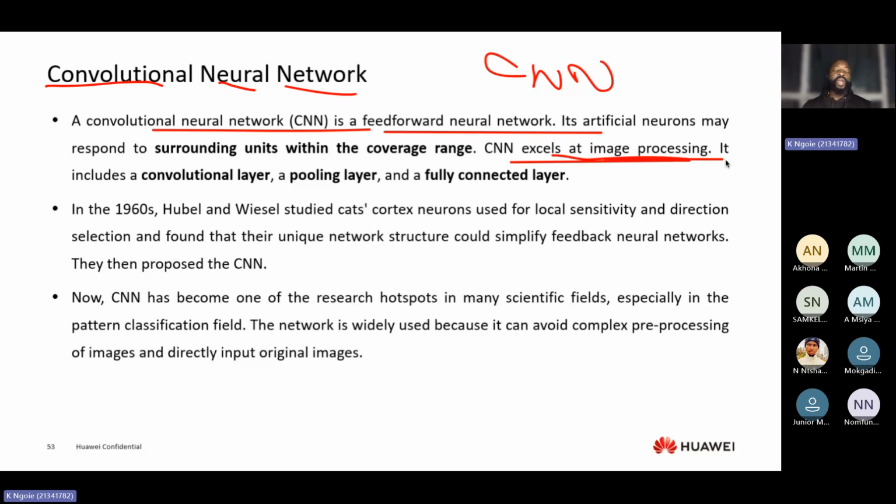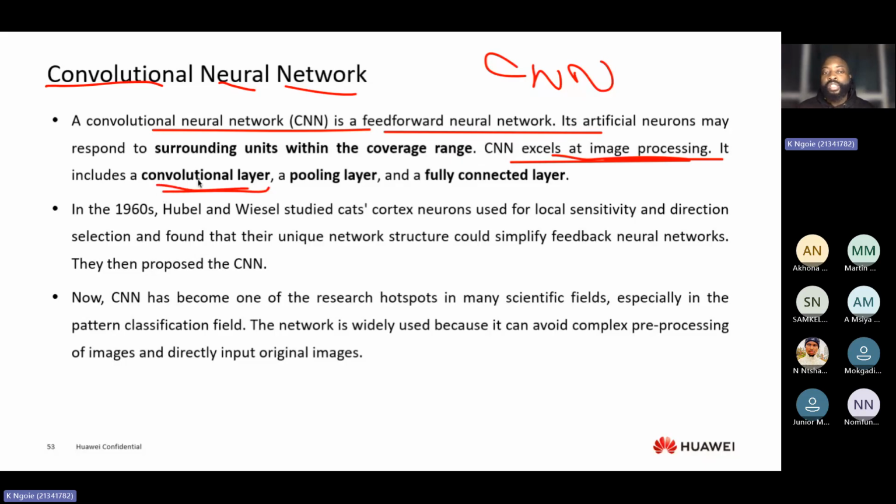Now, the convolutional neural network is built in such a way that certain parts of the network are doing different actions. So when you're coding and you want to use CNN, you need to mention every part of the network. One of the layers needs to be a convolutional layer.